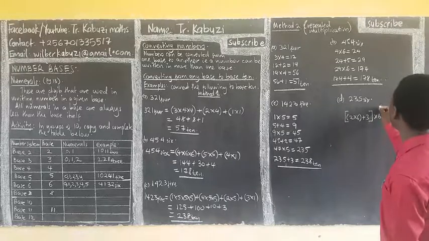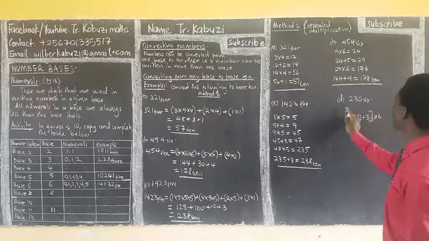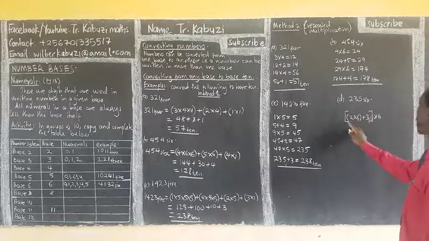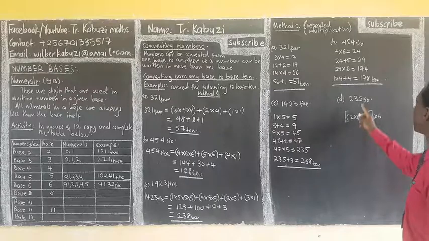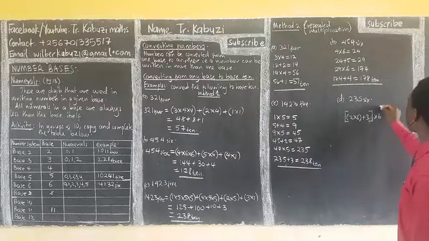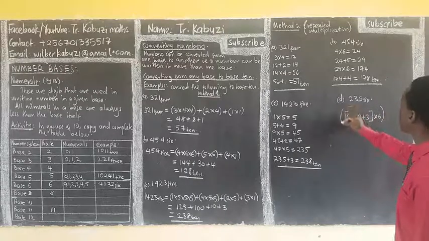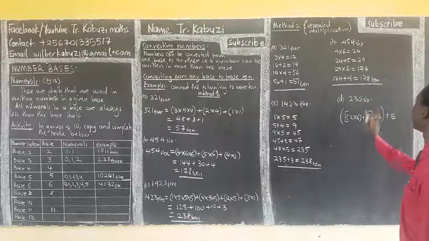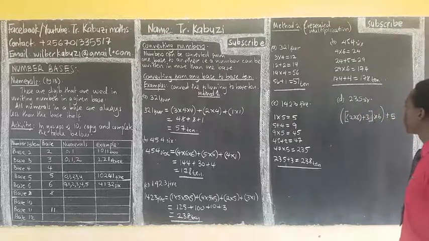Then the answer I get after multiplying by 6, I will add a 5, the next digit there. You're going to get the same answer.